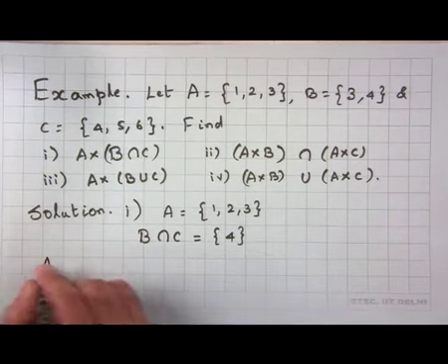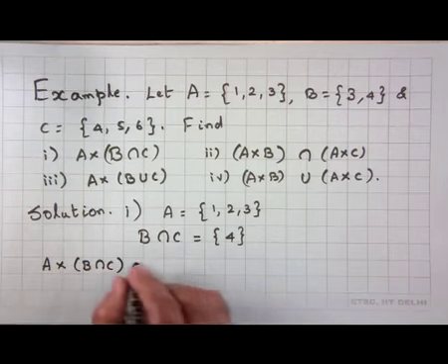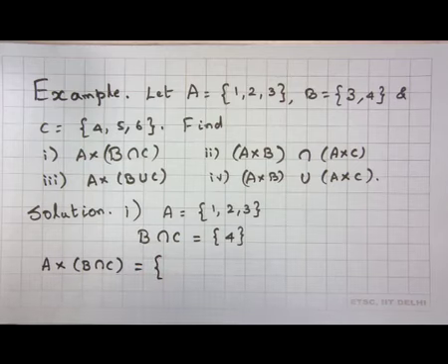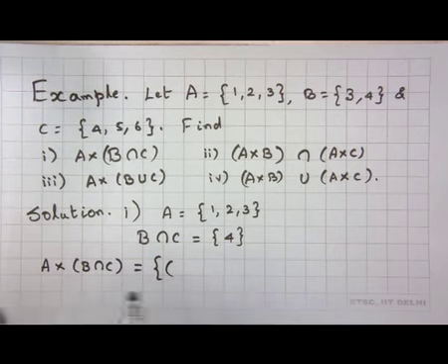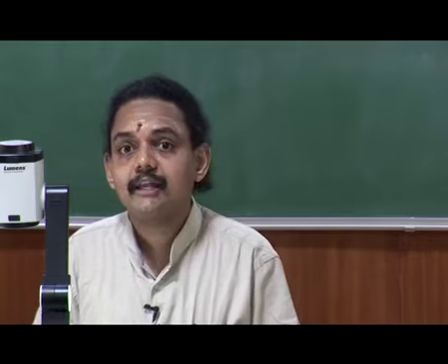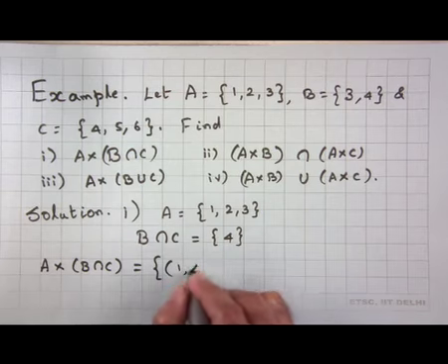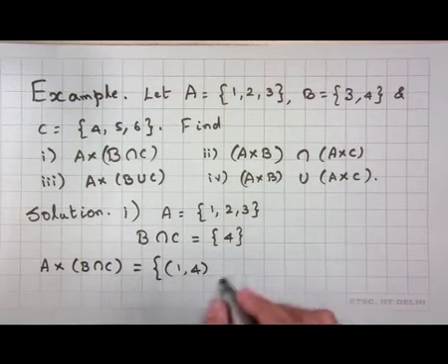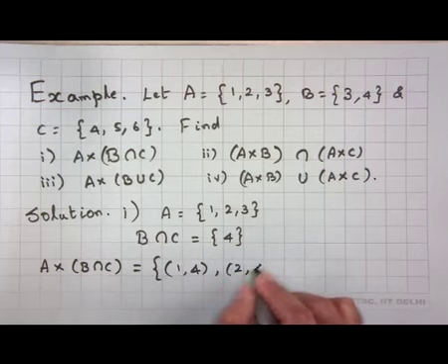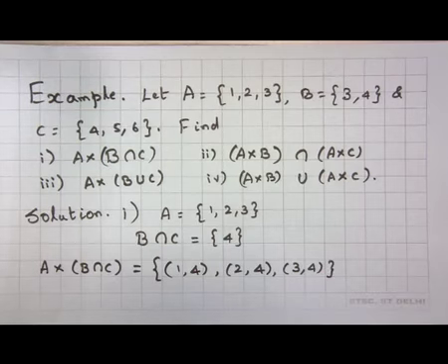Now, A cross (B intersection C) is all possible ordered pairs with the first element from A and the second element from B intersection C. So, the first element is (1, 4) and there is no other element in B intersection C. So, (2, 4), (3, 4). This is A cross (B intersection C).